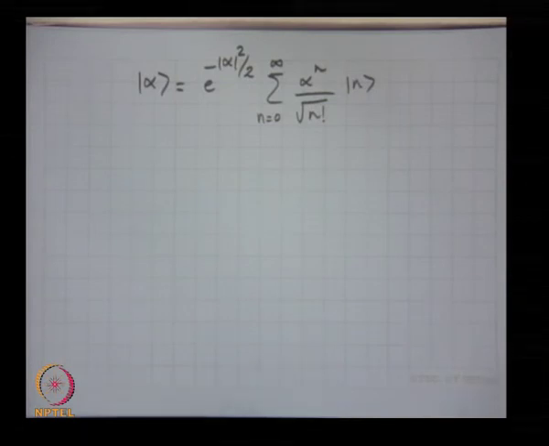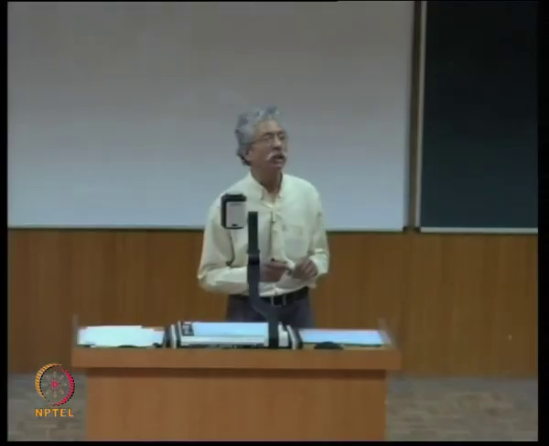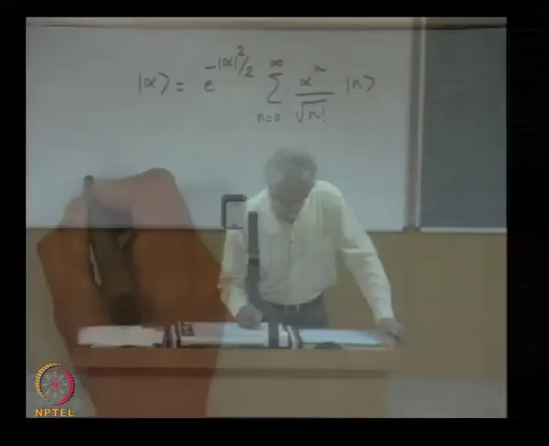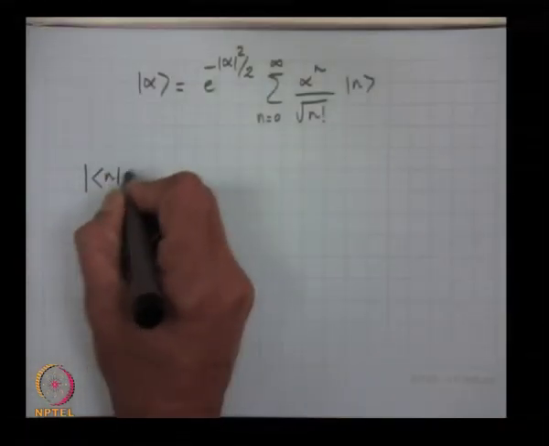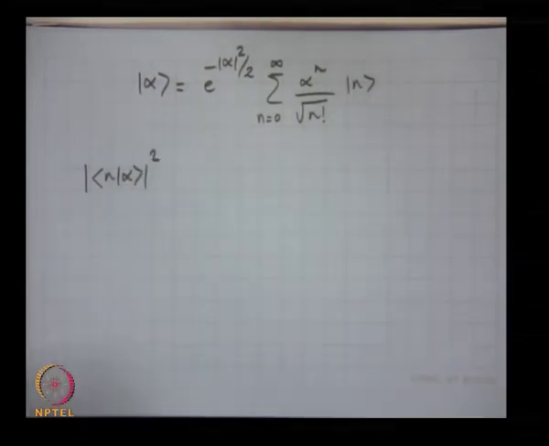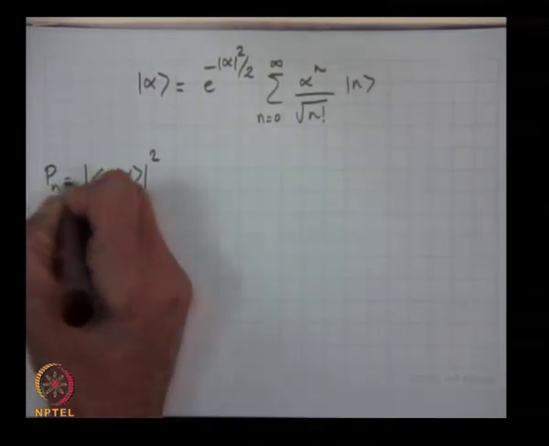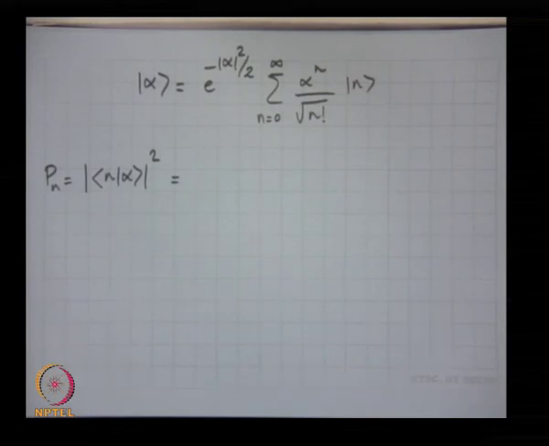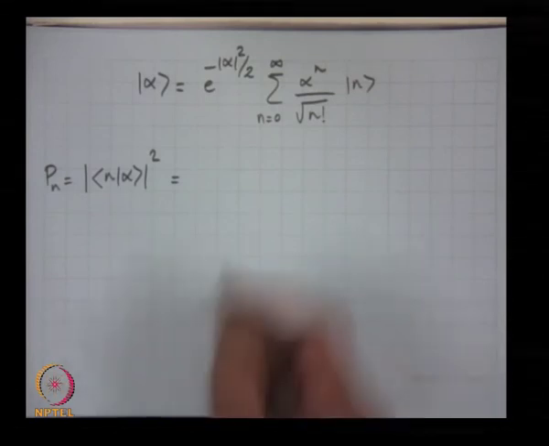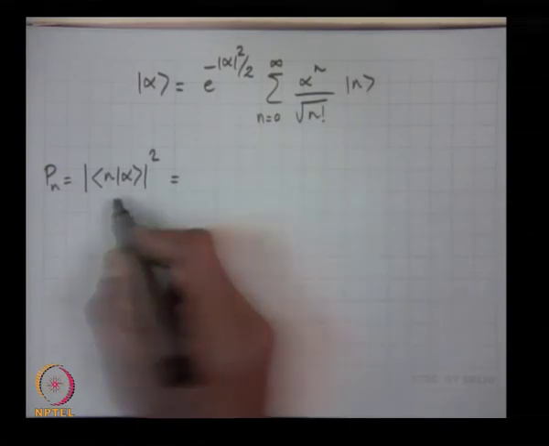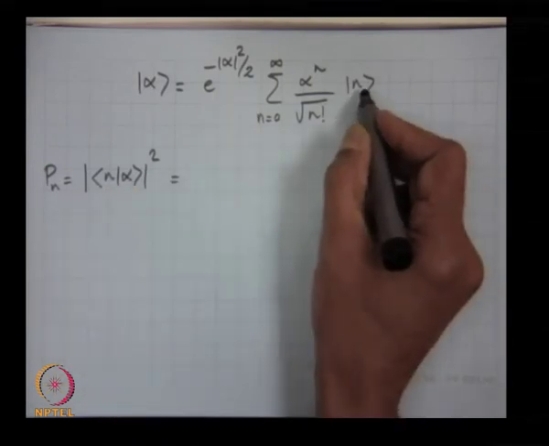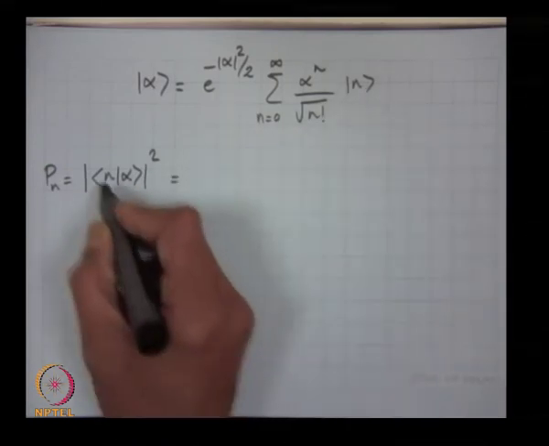Now, for this state, I can calculate various quantities. For example, let me calculate the probability of finding n photons in the state. Can you tell me what the probability is? The probability of finding n photons in the state is mod bra n ket alpha square, Pn. How much is that? In fact, this n is summed over, so I could write m here.